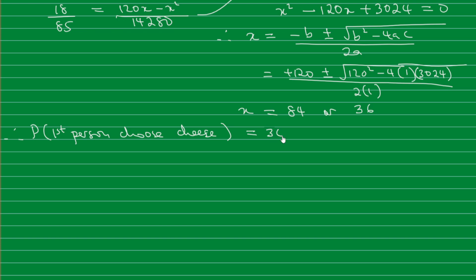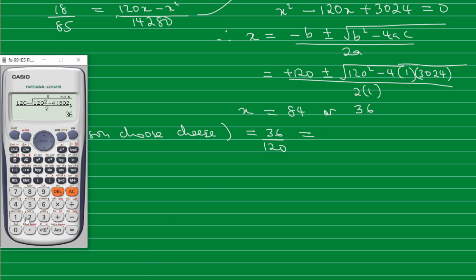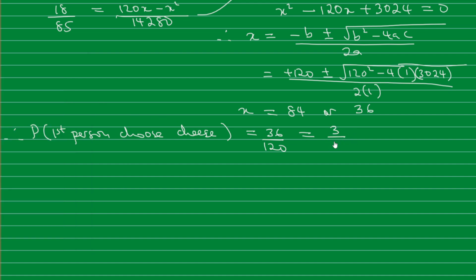So there are 36 out of 120, which we can simplify by dividing 36 by 120. We get 3 over 10, or you can write it as 0.3. Okay, so that solves this question on probability.